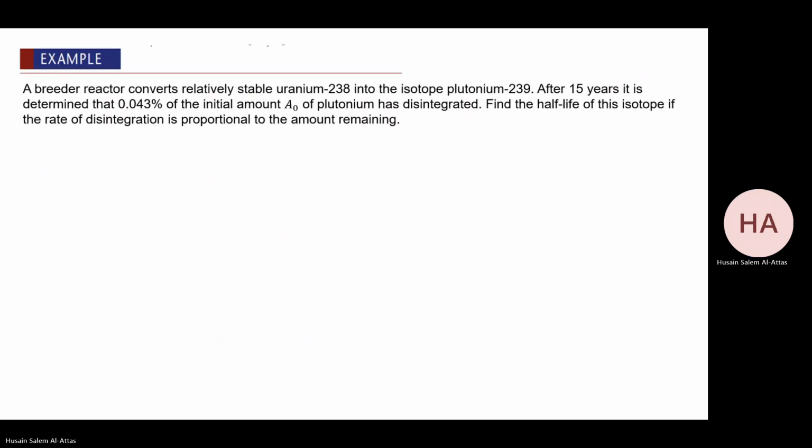Okay. The reactor converts relatively stable uranium into this. Okay, now be careful. Where is the statement of the rate? Find the half-life if the rate of disintegration is proportional to the amount remaining.